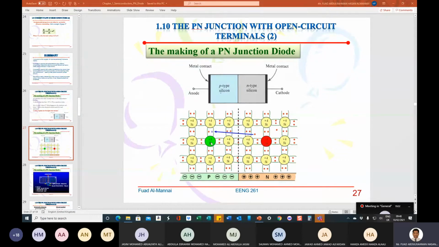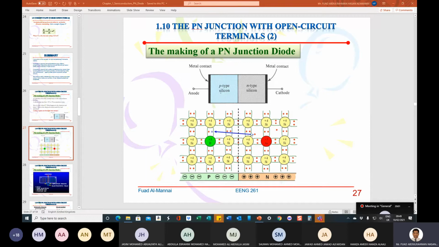This one here, the red, is the phosphorus atom, the pentavalent atom, which we call a donor atom. Over here on the P side we have the boron atom, which is the acceptor atom, a trivalent atom. If we look carefully, we'll see electrons, which form the majority carriers in the N type.